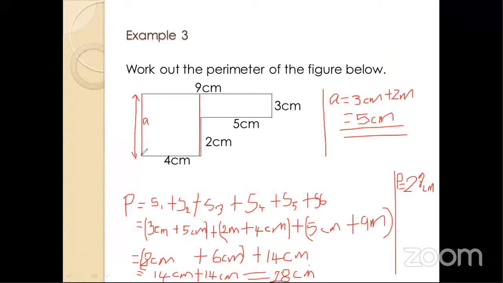So this small side can be brought here to be also 3. So running down there is 3 and 5. 3 plus 2 gives you this side to be 5 centimeters. That is how she got that, if it is running horizontally, so that you can find the missing side.